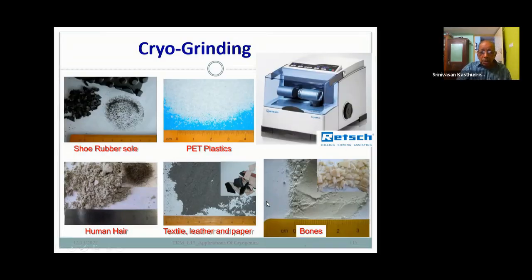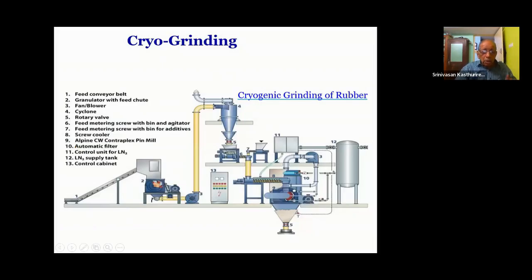There are a number of companies like Retsch, for example, that are able to give cryogenic grinding systems. Big size machines are also possible, with appropriate feeding arrangements during which the liquid nitrogen will be supplied to cool the raw material, and then it will get ground by the special grinding machine.